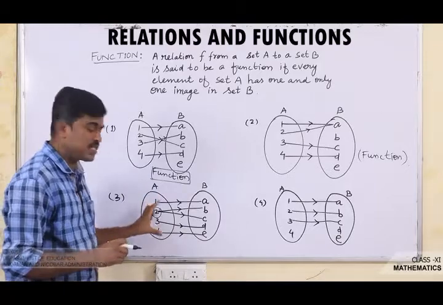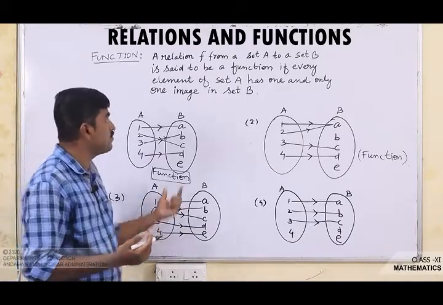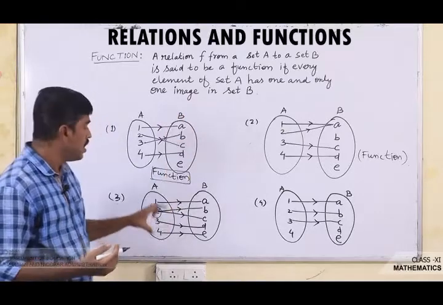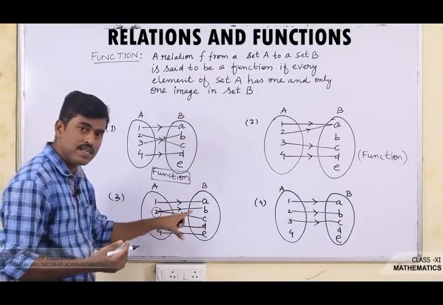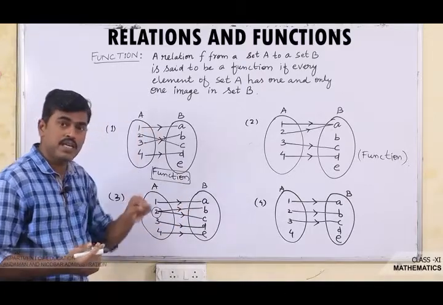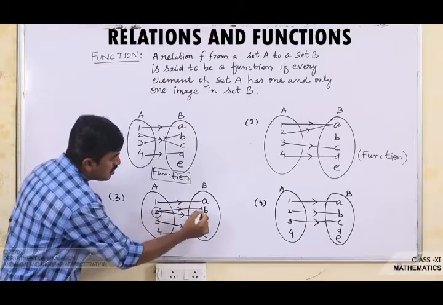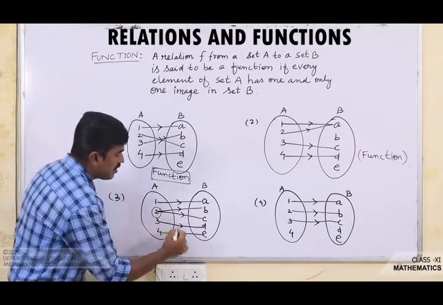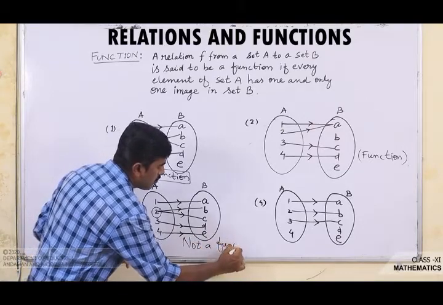So this relation is not a function, because the condition is that every element of the set A has an image in set B and it must be a unique image. Here the element 2 has two distinct images, so this relation is not a function.